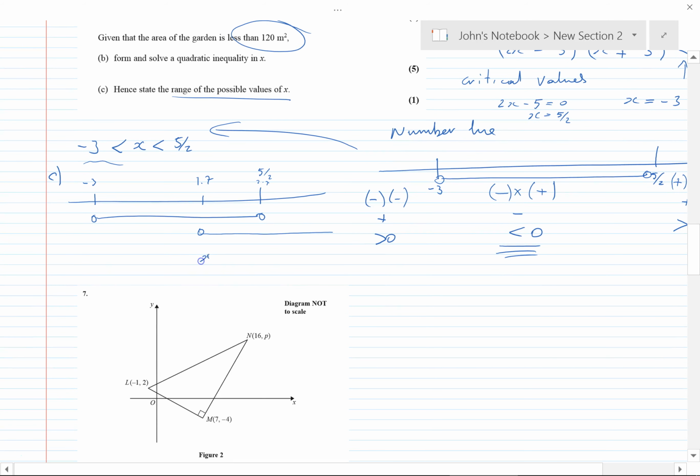So that's saying X is greater than 1.7 and less than 5 over 2, or 2.5. We're basically looking for the overlap here, where they both occur. Look for overlap.